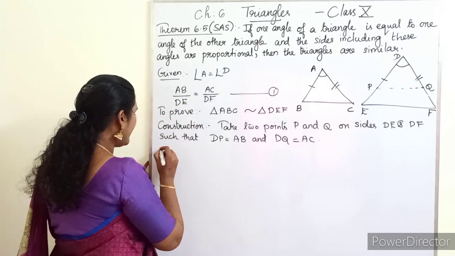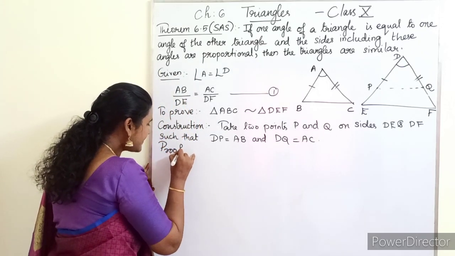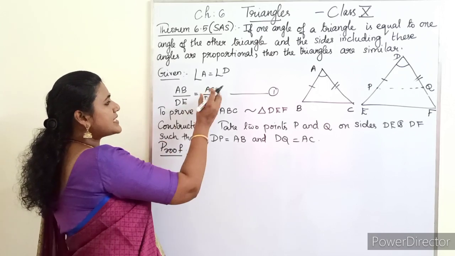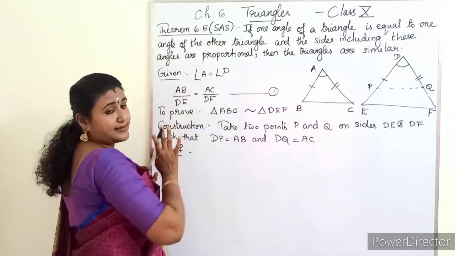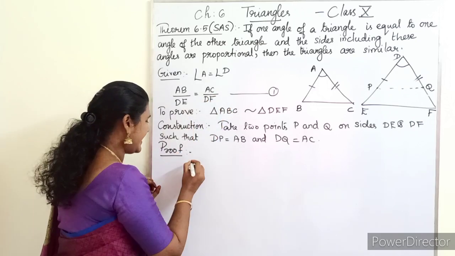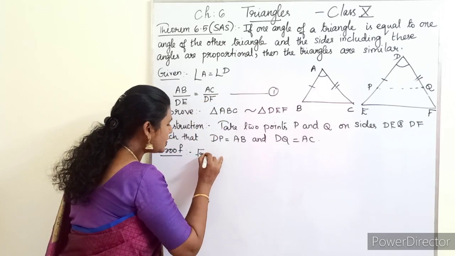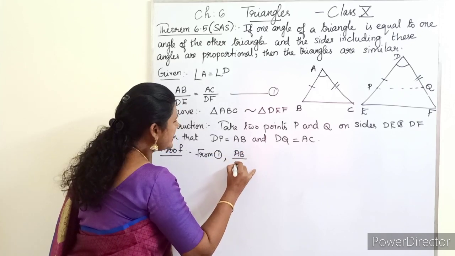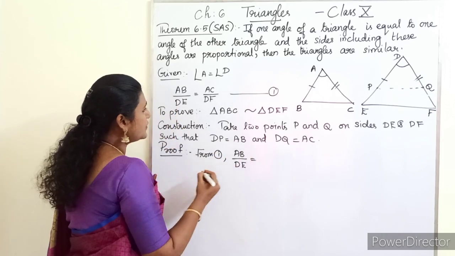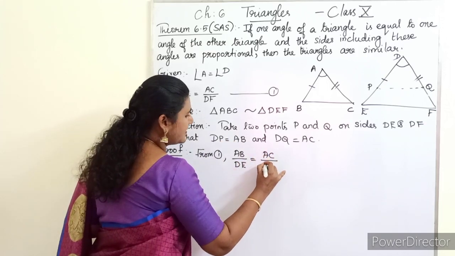Now we will see the proof, how to prove these two triangles are similar. First we will start with the condition given in the theorem. So from equation 1, the condition we have is AB by DE is equal to AC by DF.